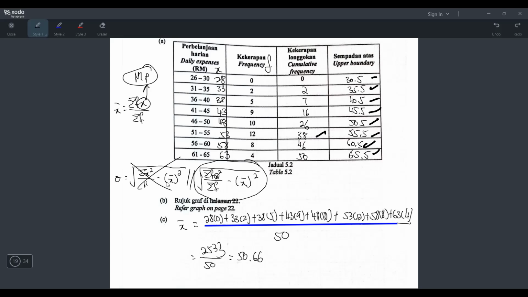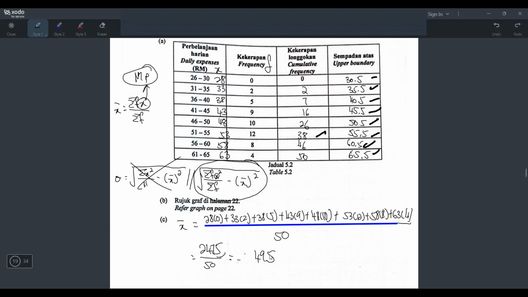Okay, when I press again, it give me different answer. This is actually 2475. Nasib baik saya ada double check. Kalau tak nanti kena padam semua. So what is 2475 bahagi 50? 49.5. Yeah, 49.5. So this is your mean.